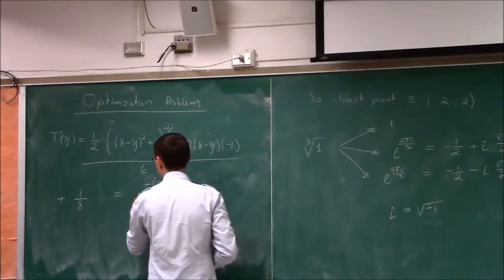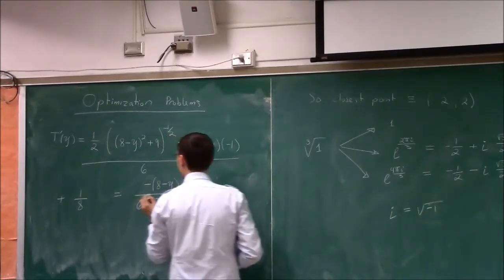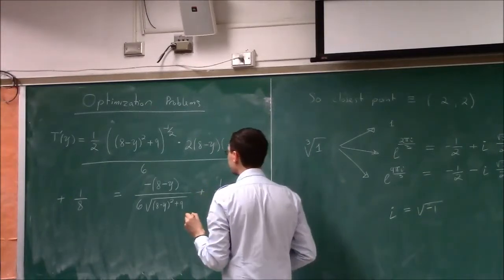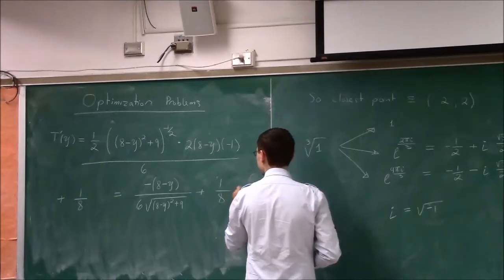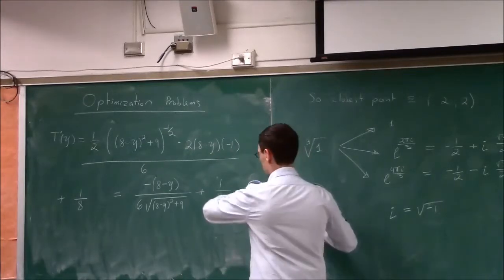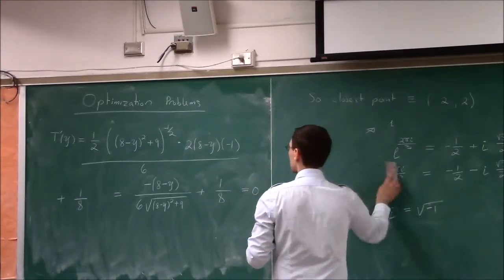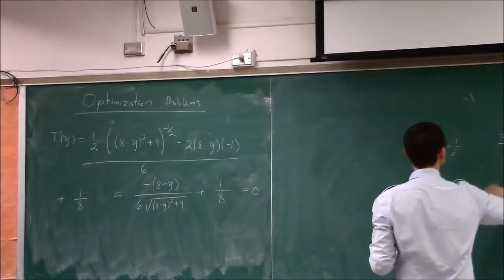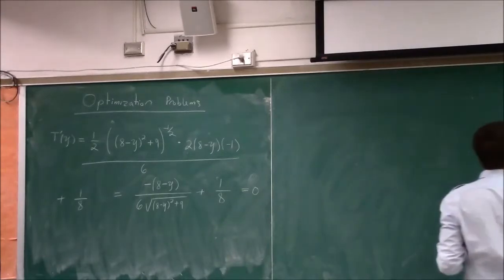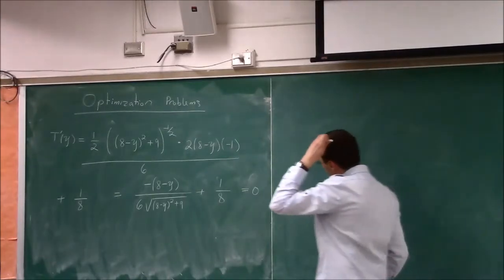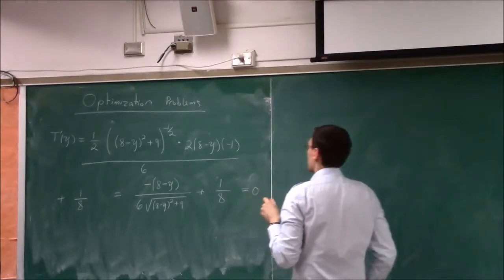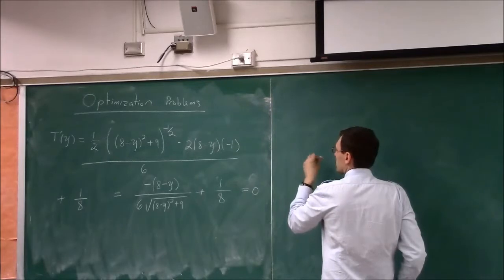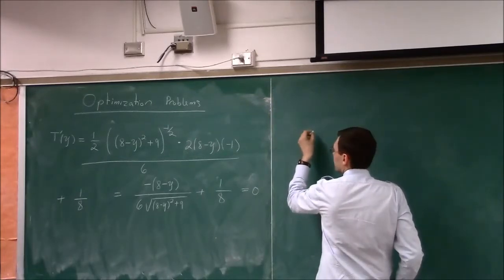And there is a 6 here. Plus 1 over 8. And we want this to equal 0. And so what you do is you cross multiply.